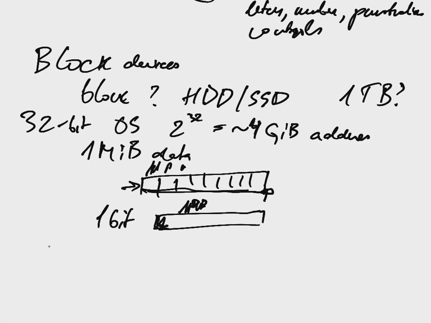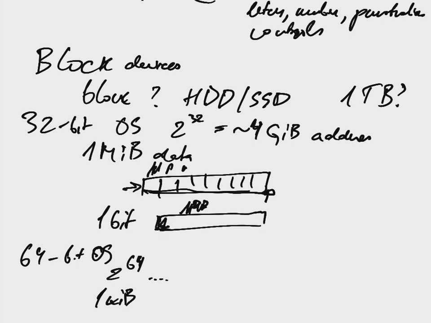And of course it's not a problem for a 64-bit operating system, because it allows you to address 2 to the power of 64 unique addresses. And because of speed, these blocks may be much smaller, even for terabyte devices, but usually it is approximately 1 kilobyte of data, actually a binary kibibyte.